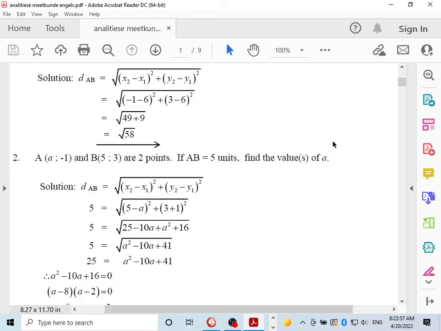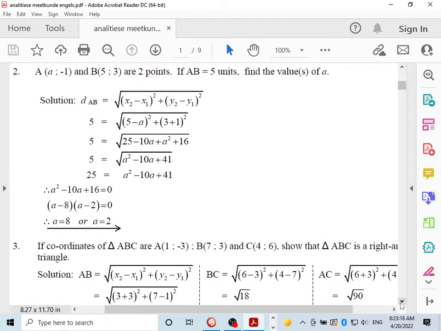But if they were to say, give the answer in the first quadrant, or you have a diagram and you can see B is in the first quadrant, then you're going to have to choose the positive x answer. Do you understand? Okay. Or if they say in the second quadrant, you know it's going to be the negative, or whatever. So here we've got two answers. A is equal to 8 or A is equal to 2. Easy. Do you understand it? Okay.